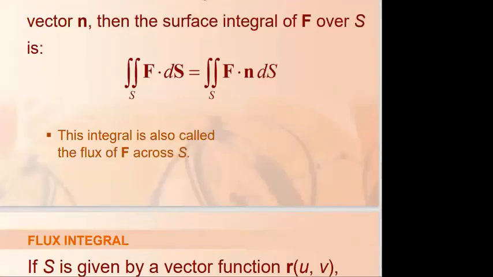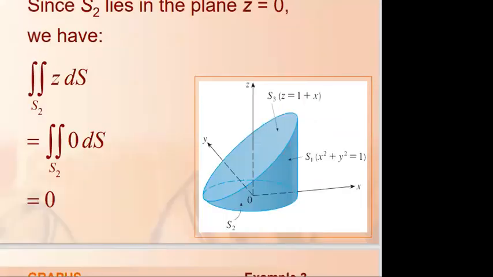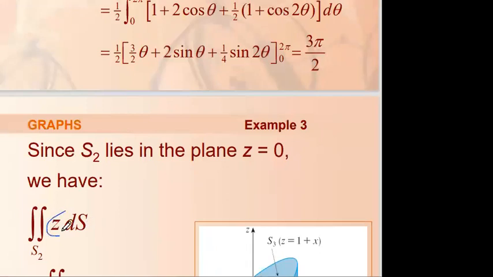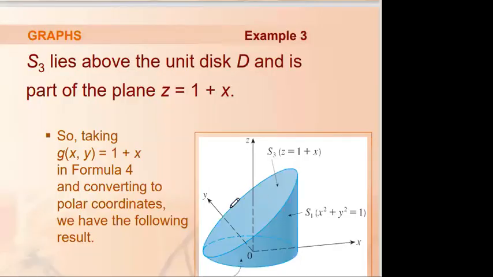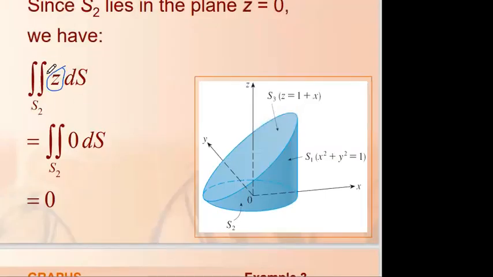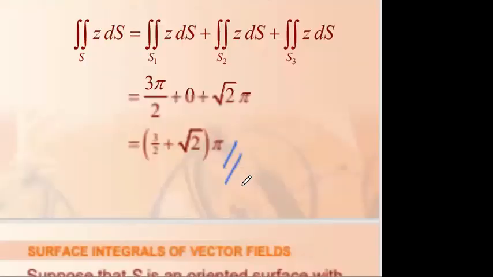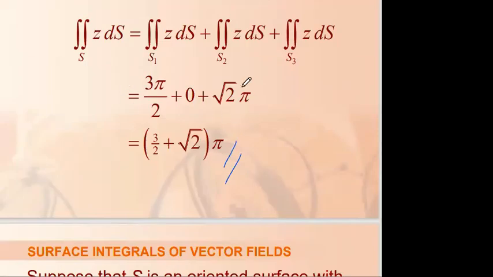So the earlier one was a scalar field, right? And they define the geometry. This is the geometry. For each surface, we have to compute this surface integral and add up together at the end.